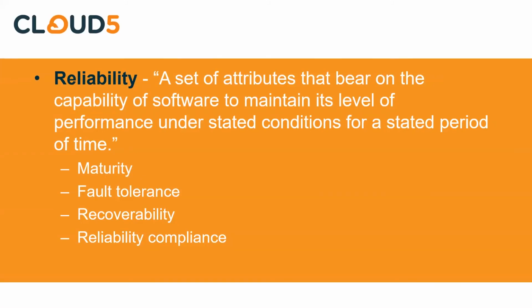Fault tolerance. If there is a fault in the ecosystem, whether on the infrastructure level, as a bug or a defect, or somewhere else in the ecosystem, can it tolerate it? And recoverability. Can it be recovered? The whole thing crashed. The data center disappeared. Everything went to smithereens. Is that recoverable or not?